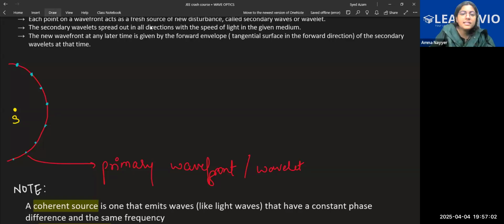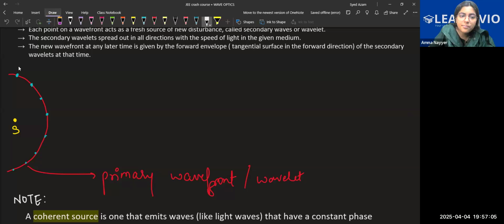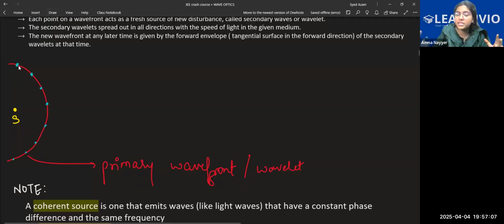Now what happens? This is saying that every point is acting as a new source of disturbance. Means this is also acting as a new source. If this is a source, one wavefront will be created like this. If this is a source, another wavefront will be created like this. So you can see the wavefronts are created.